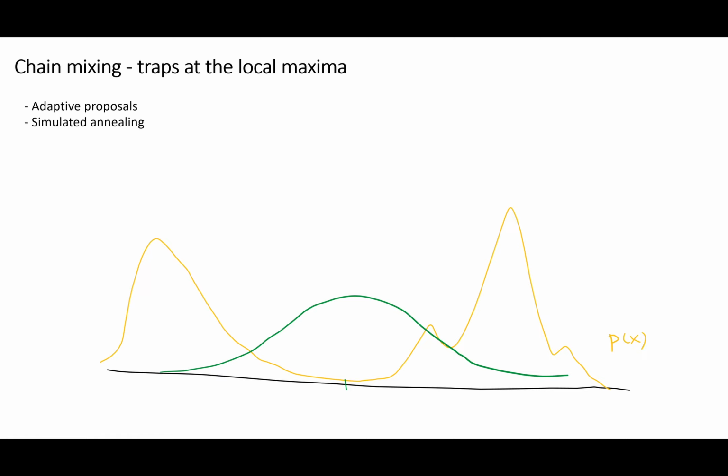Let's start here, and let's propose something from this very wide proposal. So I have a chance to propose from this region, and it's quite a non-trivial chance. So I propose this sample, I will move there, and I will slowly lower the variance of the distribution here. Now I will propose a new sample, for example here.